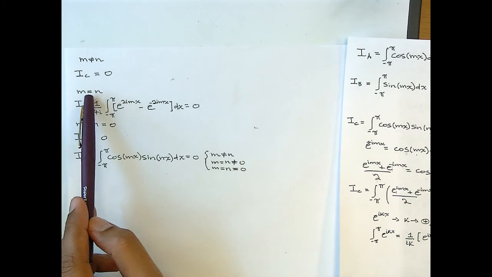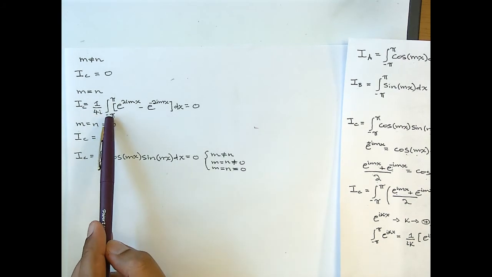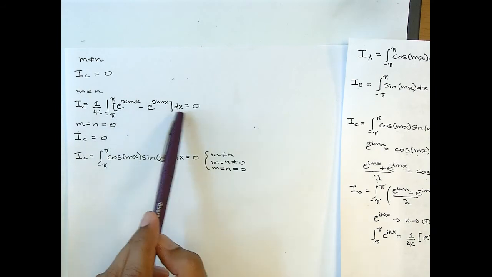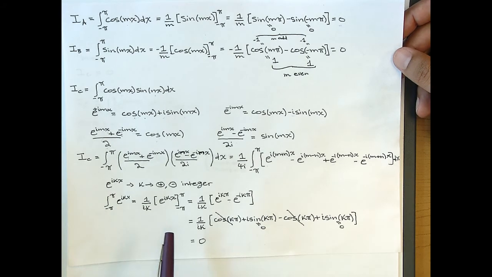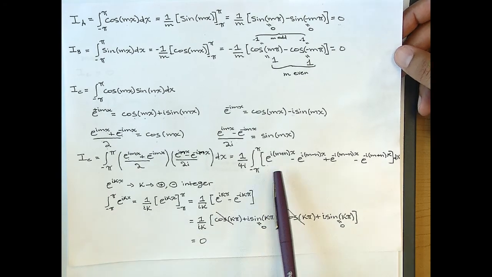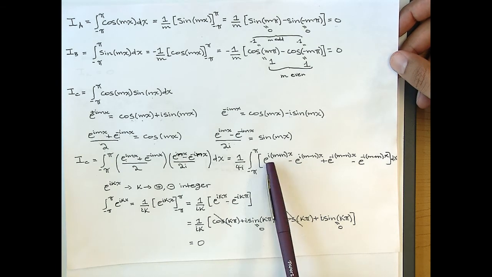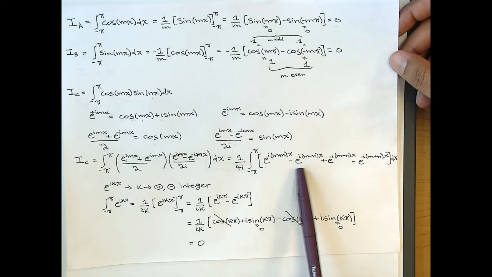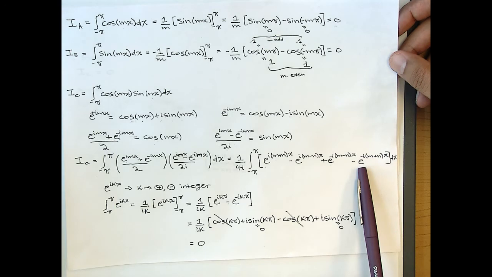For m equals n, what we get is the following integral. Once again, this goes to 0 because this is of the form e to the i kx. So when m is equal to n, you're going to get e to the i 2mx, minus 1, plus 1, minus e to the minus i 2mx.